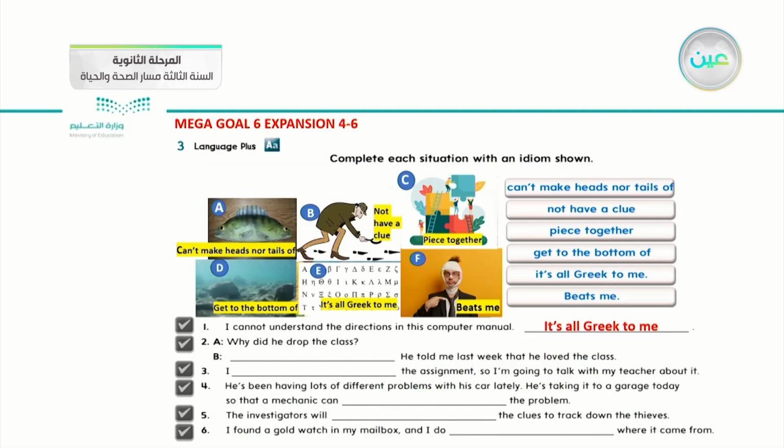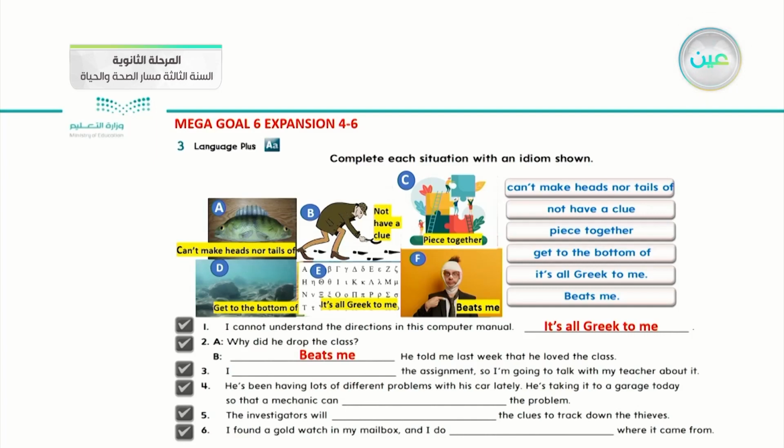Okay, number 2. Why did he drop the class? What is the suitable answer with it? They gave it a space. Then he told me last week that he loved the class. He told me last week that he loved the class, which means that the suitable one is pets me, which means he didn't like that class.